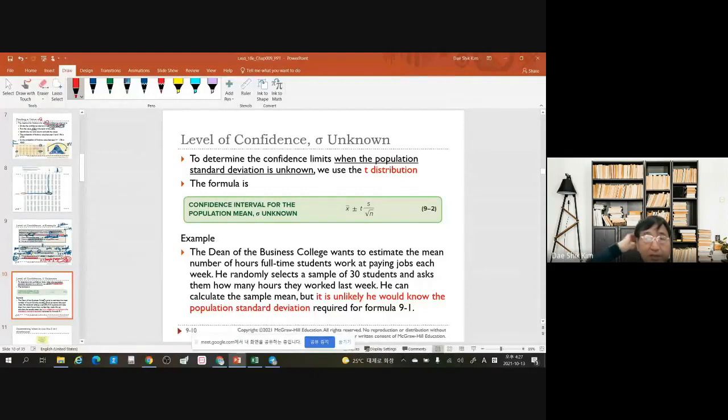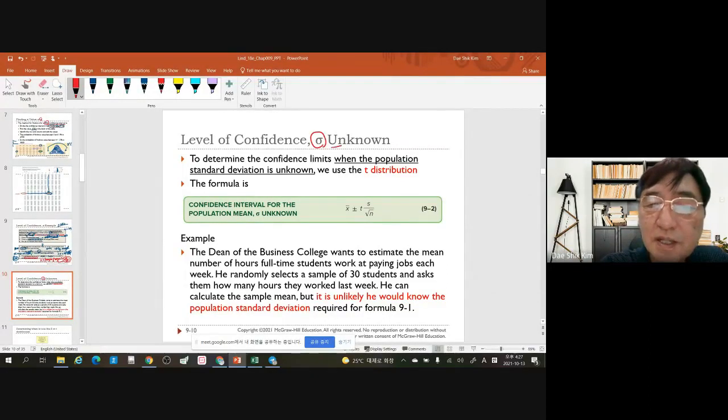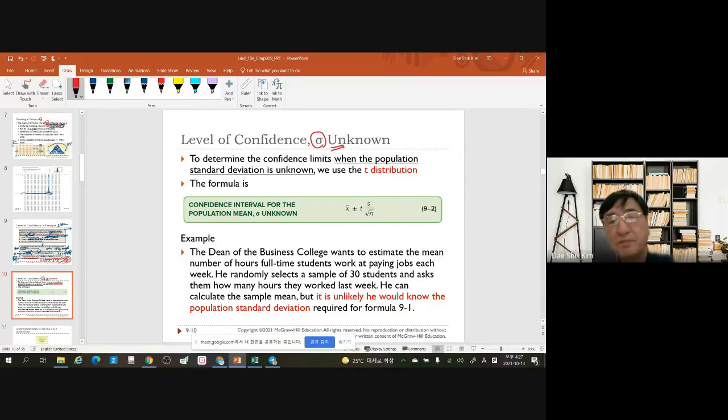The second case is when the population standard deviation is unknown. When sigma is known, we can use the normal distribution.